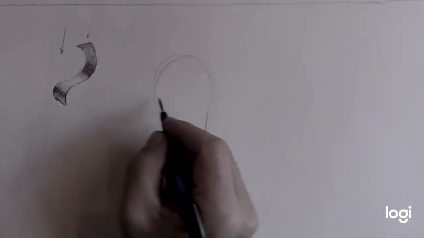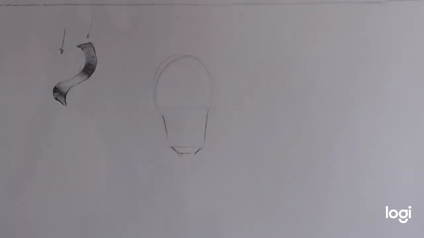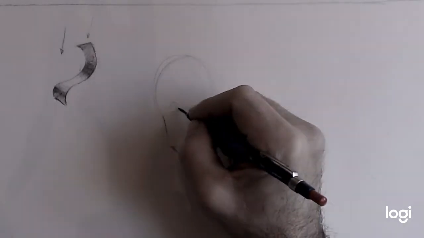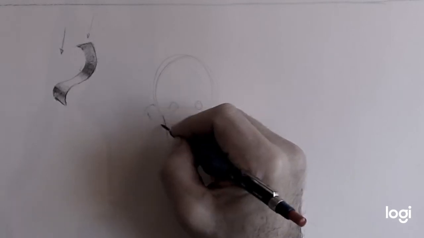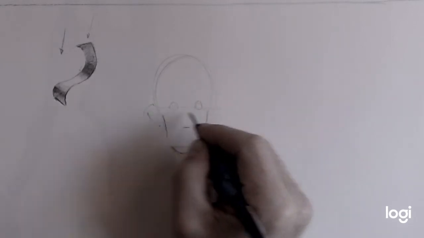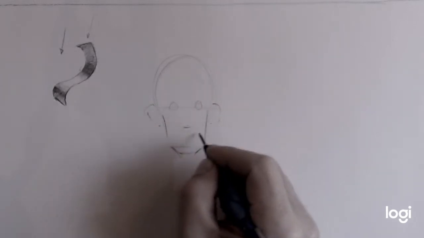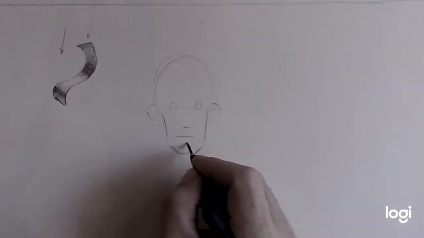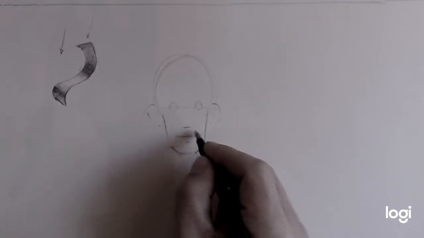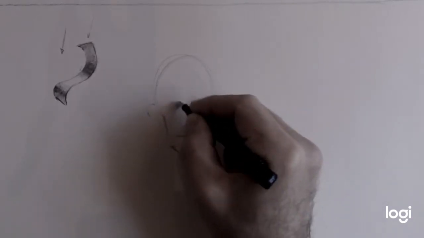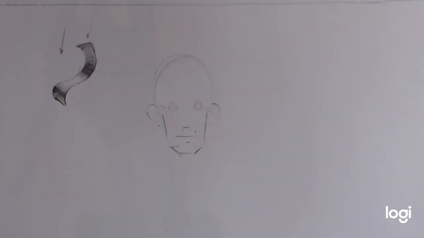Okay, and middle of the head is where we find the eyes, and there are ears. The ears go between the nose and the eye. Okay. Now here we have a basic little portrait that we can start to design on top of.